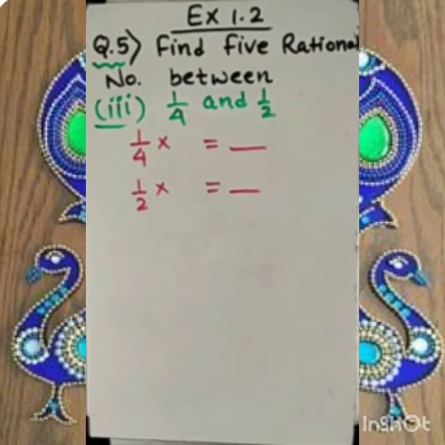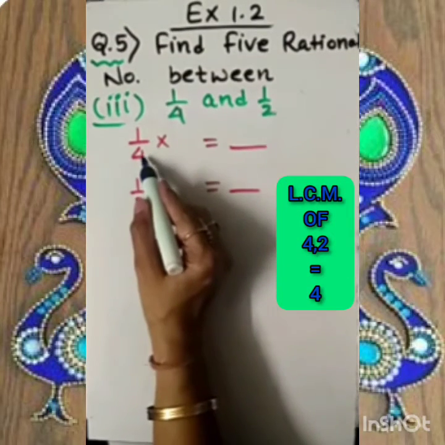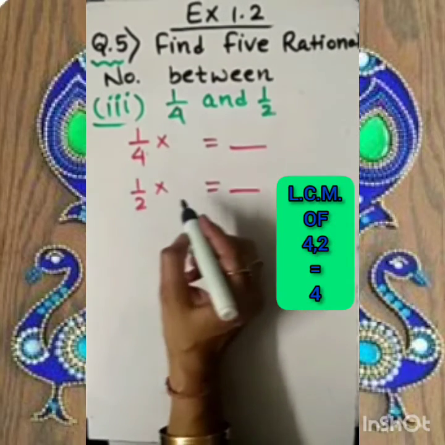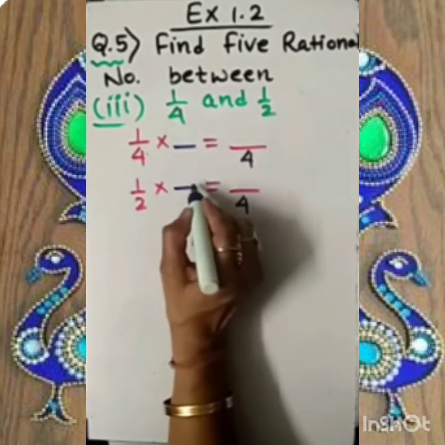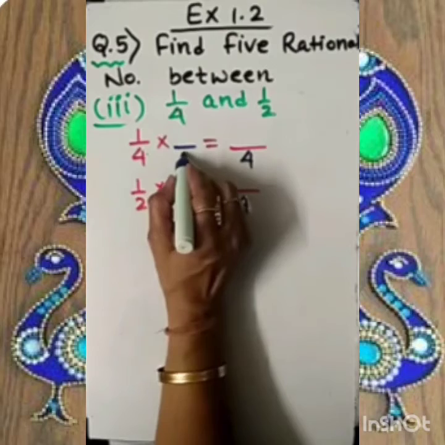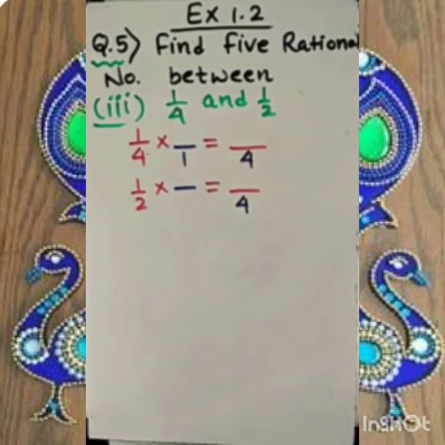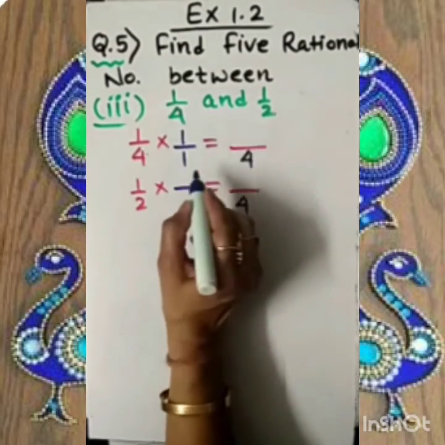No, because here the denominator is 4 and here the denominator is 2. So my dear student, what is the LCM of 4 and 2? Of course it will be 4, right? So by which number should I multiply here to get the LCM 4? Only 1. So with the same number I am multiplying and dividing.